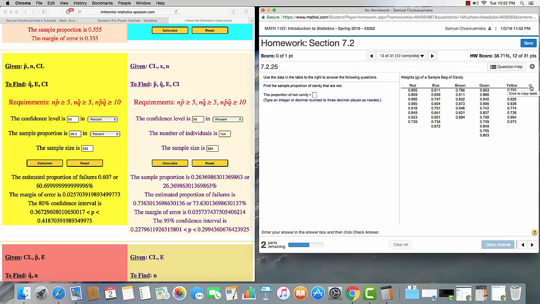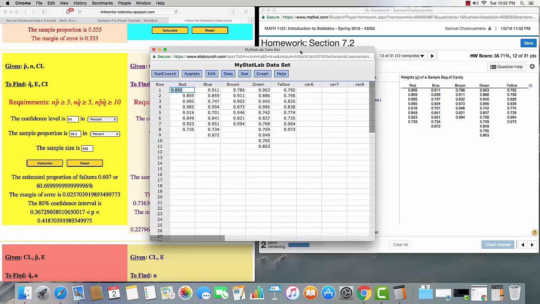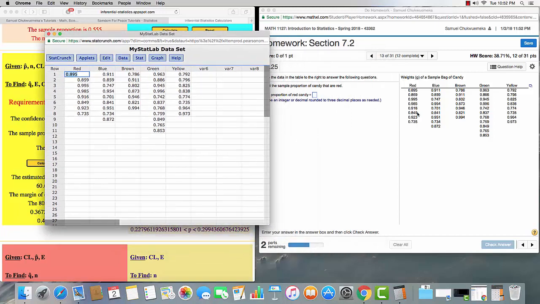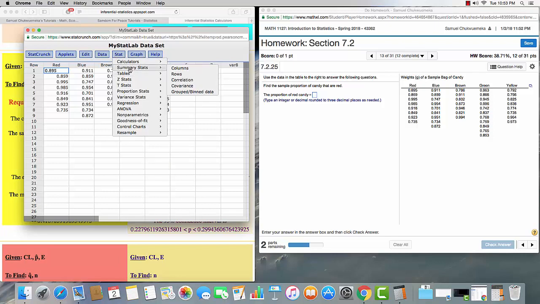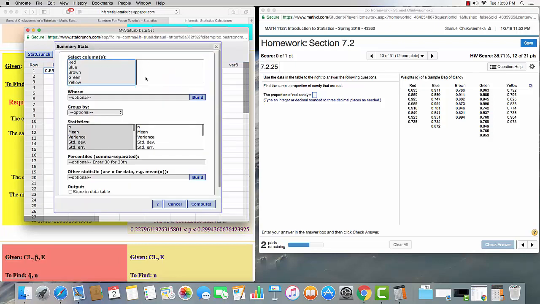I click to copy table, open in StatCrunch. We're finding the proportion of red candy, which is the number of red candies over the total number of all the candies. That's the proportion. So this is what we're gonna do. Go to Start, go to Summary Stats, go to Columns, click on Columns. Select all these columns.